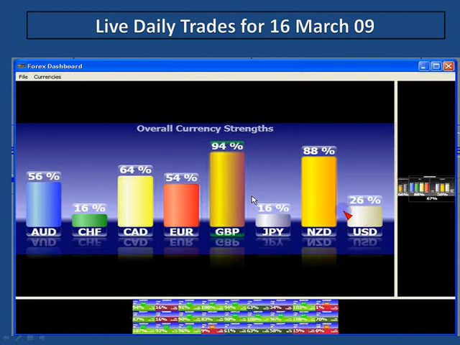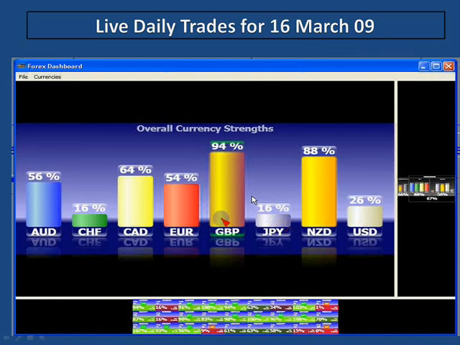The market, especially the US futures on the dashboard, were up around the 80% level, and that was putting pressure on the Japanese yen and the US dollar, weakening them. So your momentum was here for a long pound yen or pound US dollar. There wasn't much difference between the Japanese yen and the US dollar. So that was my reasoning.